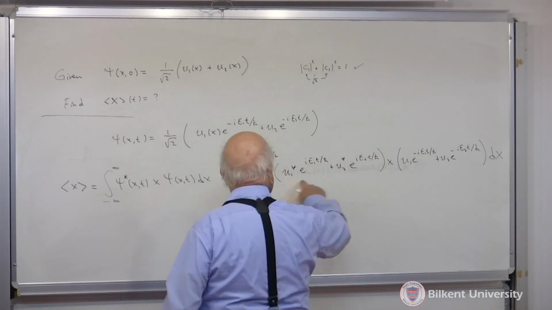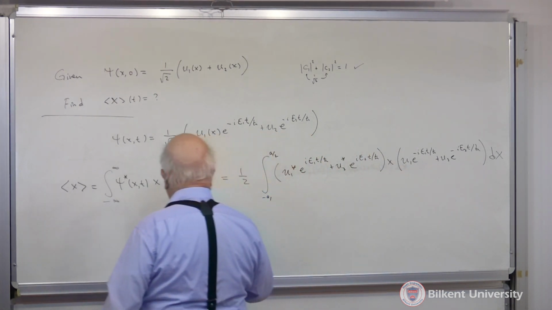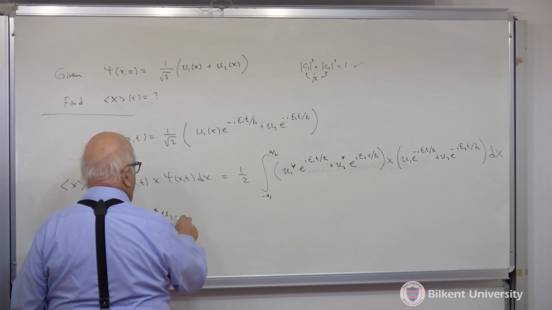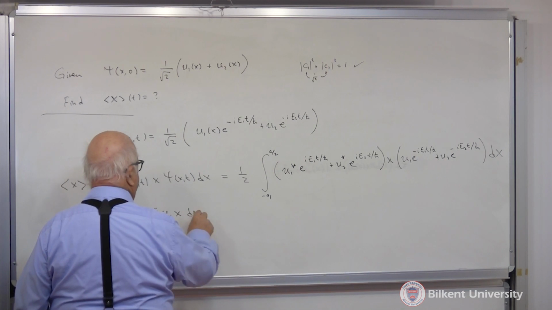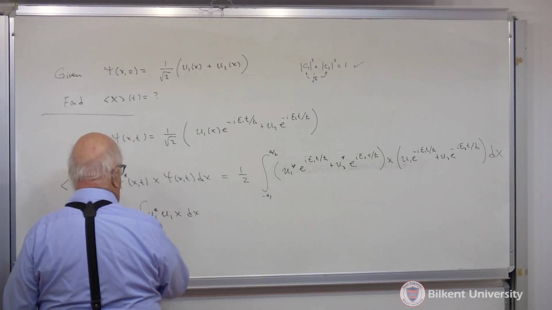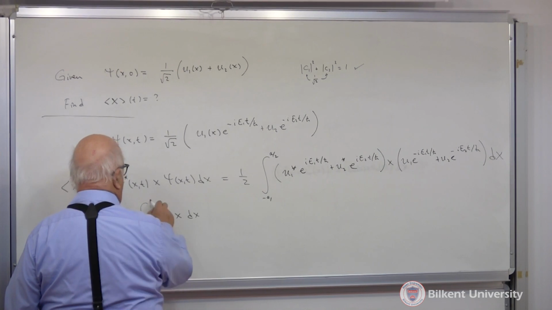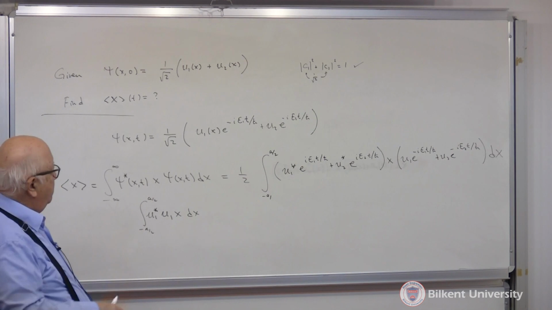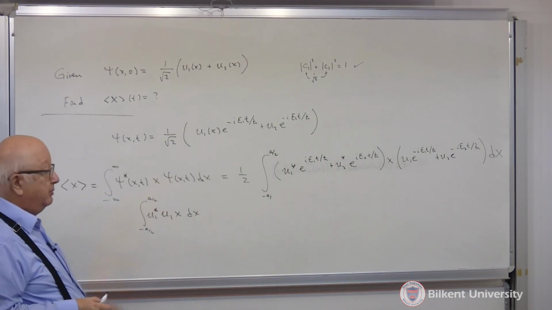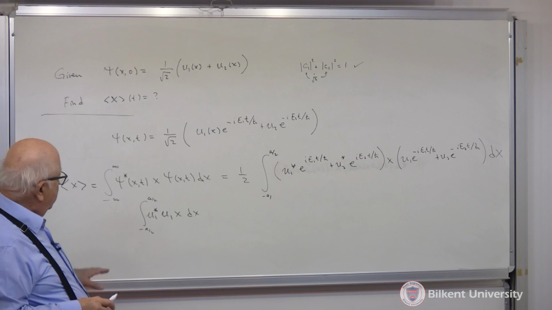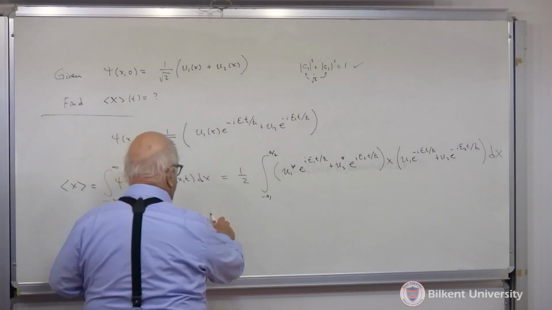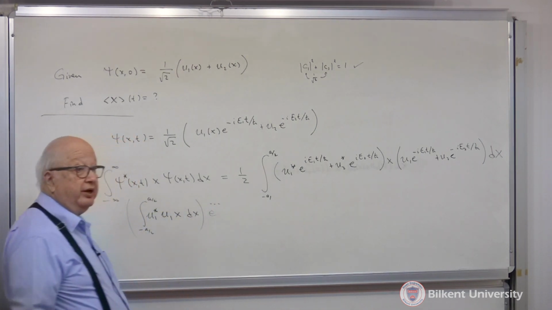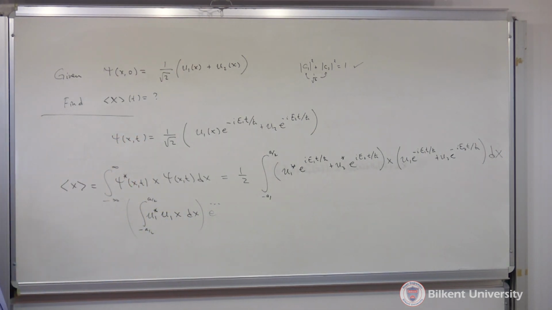For example, I'm going to get a term which looks like the integral of u1 star x u1 dx from minus a over 2 to a over 2. Obviously, it will be multiplied by prefactors, and the time dependence is still there. But I am now interested in this part of the integral. What do I get for that integral?